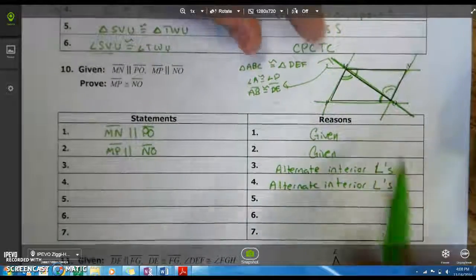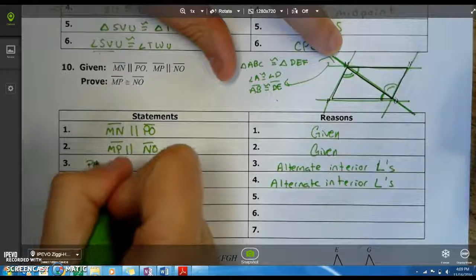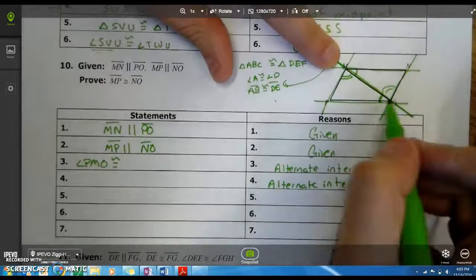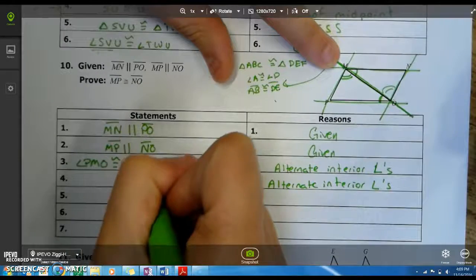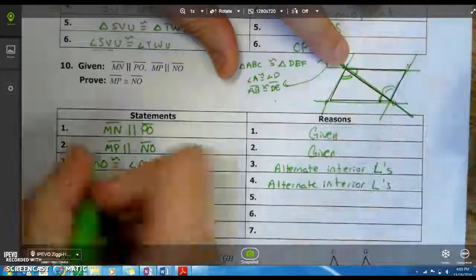And let's name those angles. This was PMO. That's congruent to MON. And the other one is going to be NMO.